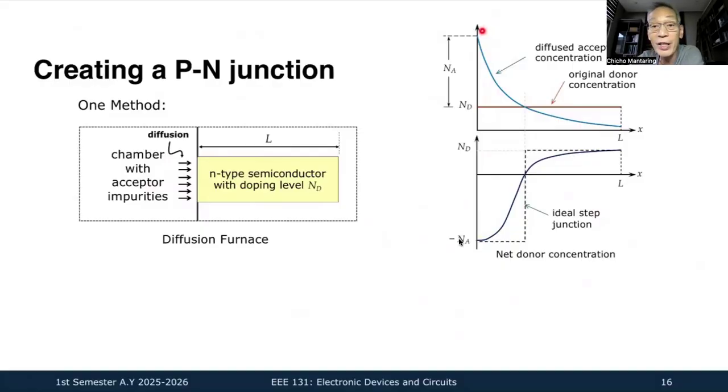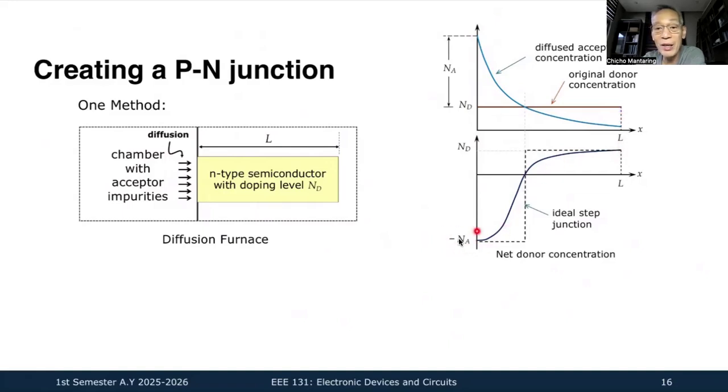The acceptor concentration here is Na plus Nd. So Nd minus Na plus Nd, you get minus Na. And then eventually the net donor concentration becomes 0. And then eventually, as you go to the right, your net donor concentration will become equal to Nd.